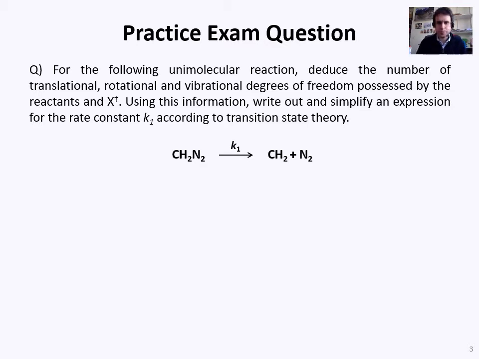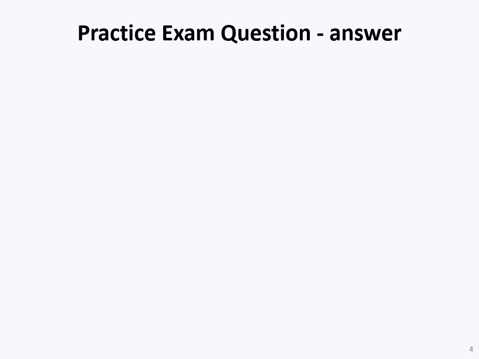So the first thing we have to do is identify the transition state equation for a unimolecular reaction. These are in the equation sheet, but equally I'll have them all in these slides anyway, so you can go back and look for them.